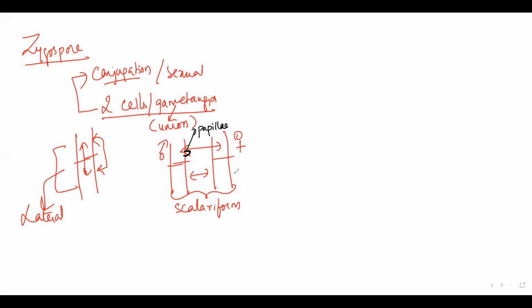It produces a papilla towards the female filament. Okay. This is the first thing that the male has produced.